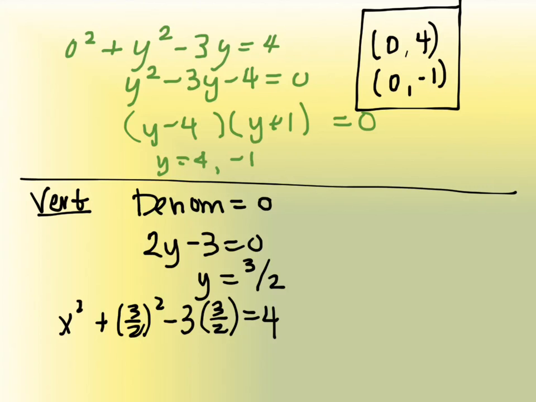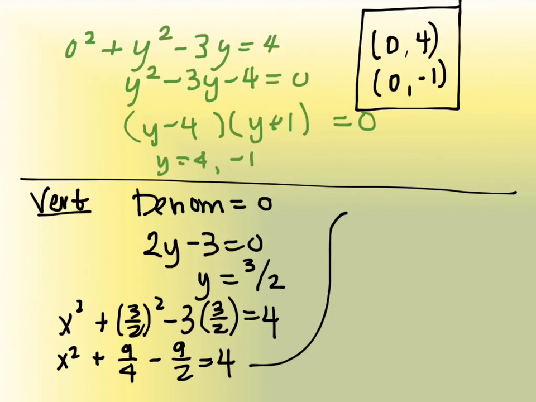All right, so what's 3 halves squared? 9 fourths. I've got 3 times 3 halves, which would be 9 halves, equals 4. What is 9 fourths plus 9 halves? 27 fourths. 27 over 4. You guys okay with that? Oh, it was minus. That is correct. I totally misspoke.